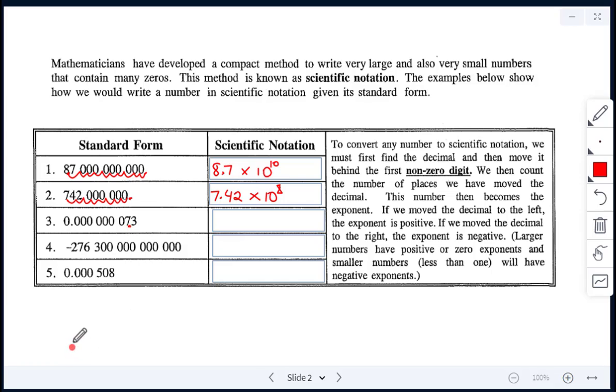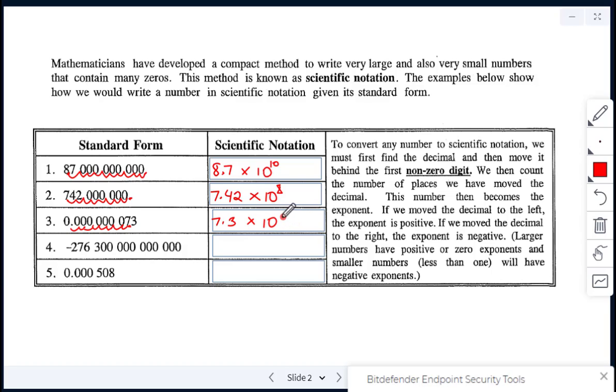Let's count our decimal places: 1, 2, 3, 4, 5, 6, 7, 8. 8 decimal places to bring this to 7.3, and it will be times 10 to the power of negative 8. This time it is a negative exponent, because it was a smaller number and also because we moved the decimal place to the right.